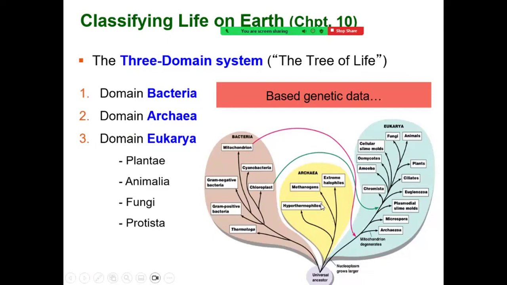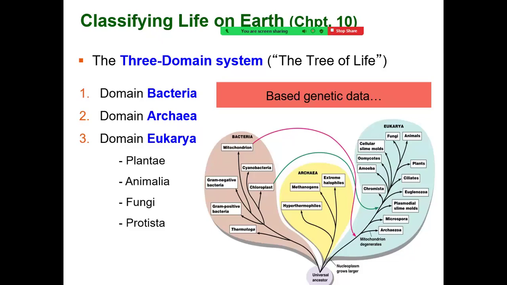The difference is very slight. But the point is that the domain eukarya is actually a little closer to the domain archaea and vice versa than either domain is to the bacteria. Any question about any of that?